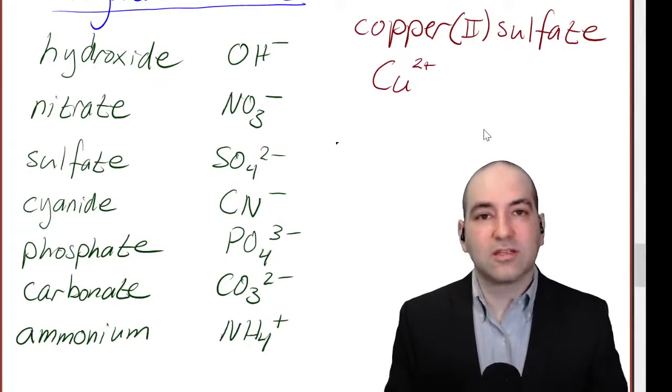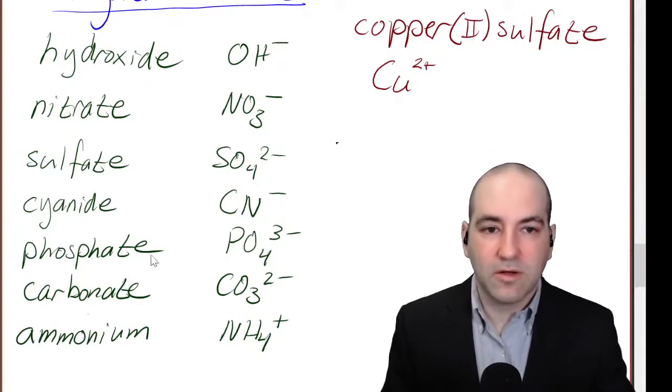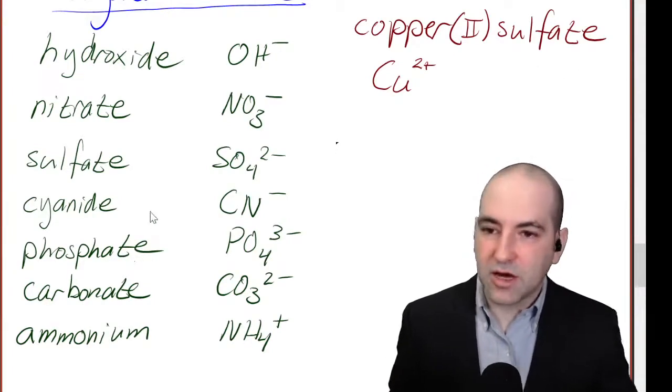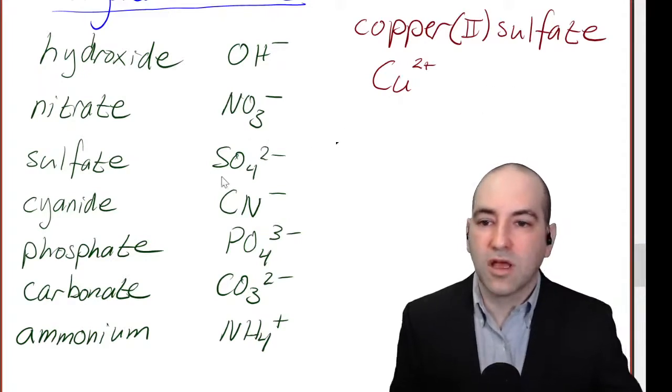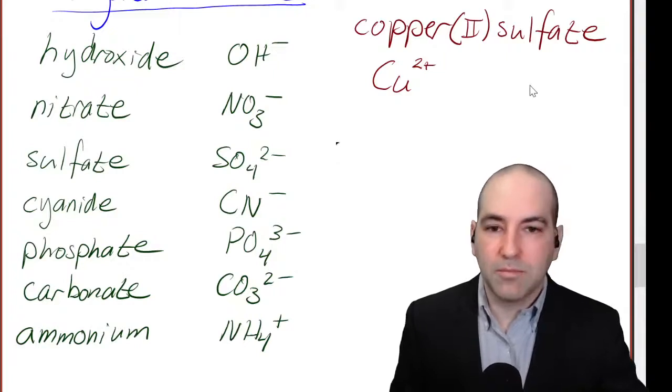So when you're doing this for this class, another thing you can do is just always have a chart of these around so that when the ion names come up, you can quickly reference that chart and go, oh, okay, sulfate's on this chart, so I'm going to use SO4 2-. When you find it on the chart, you take that whole thing together and put it here.